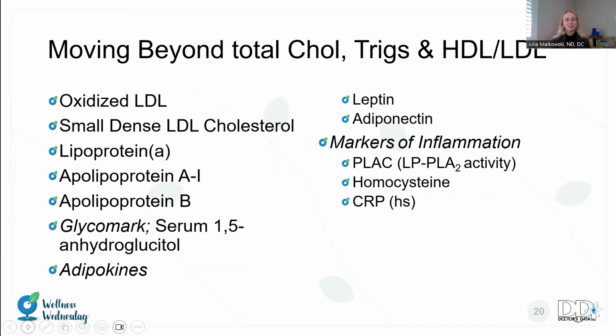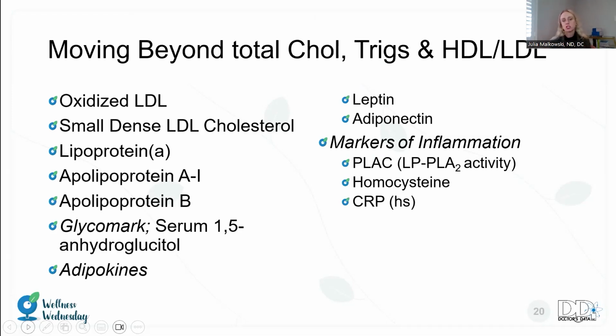The next step we will talk about is these specific biomarkers. We want to move beyond total cholesterol, triglycerides, and HDL to LDL ratio. So what will we look at? We are going to look at oxidized LDL, how much of the LDL is oxidized. We are going to look at that small, dense LDL, how much of the LDL is that tiny LDL that's able to participate greater in atherosclerosis and atherogenesis.